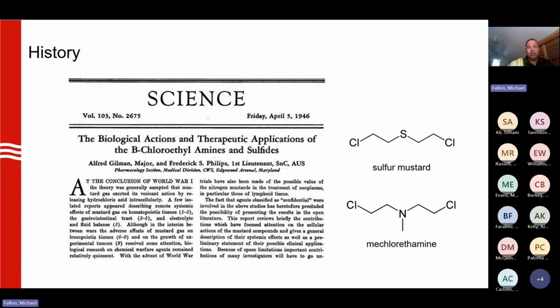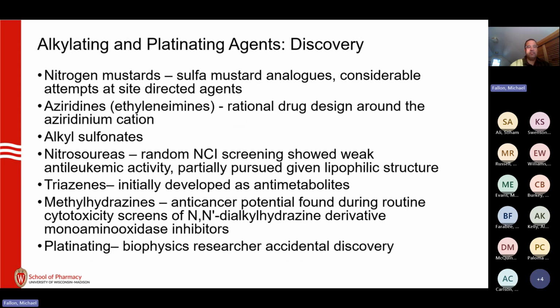Even 10 years ago, we were still using it. It takes advantage of alkylating agent principles. There are 7 different types of alkylating and platinating agents, and it's really a history of science, with a lot of different ways to get to these different classes, which is really interesting to see.